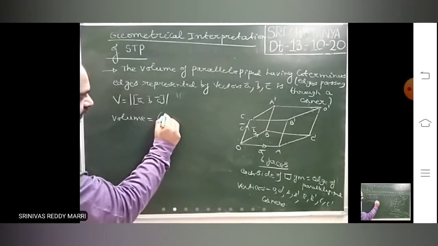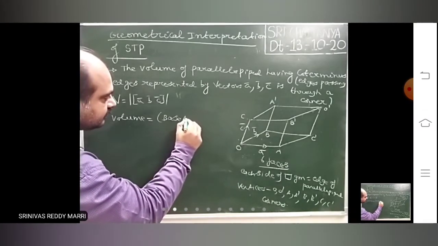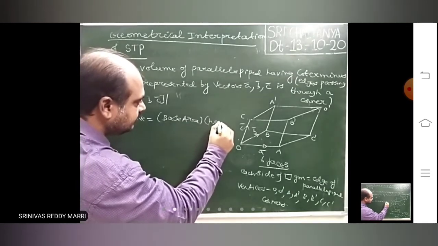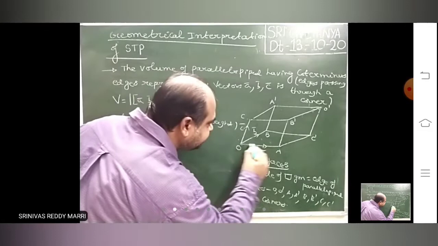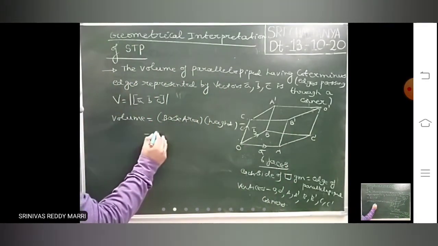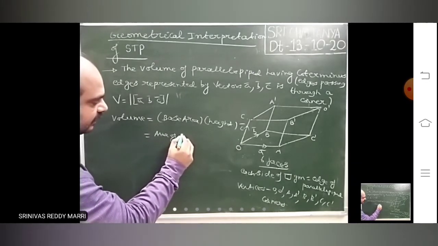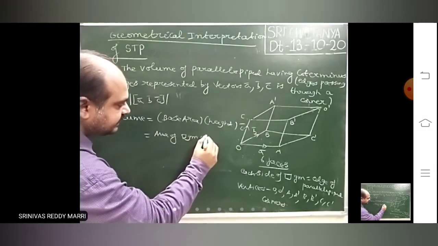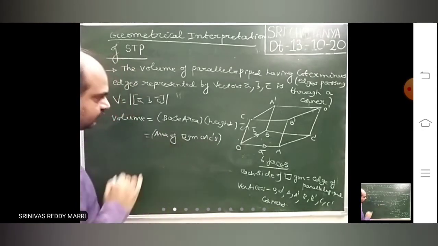Now for finding volume, the formula is volume equals base area into height. Look at this, the base is a parallelogram. So that means area of the parallelogram, this is called the base parallelogram OACB.